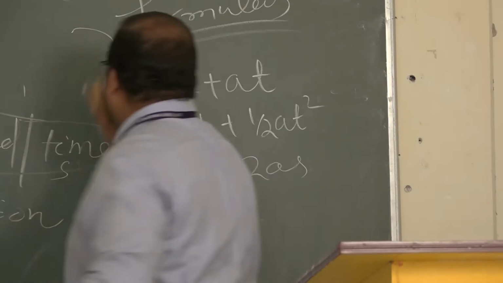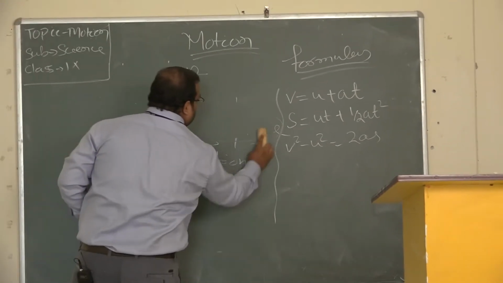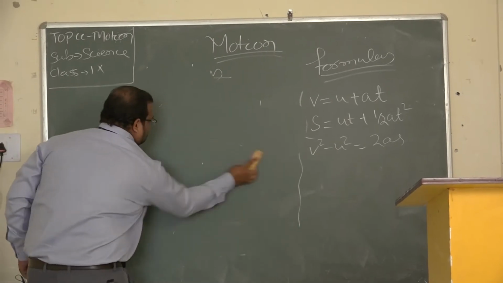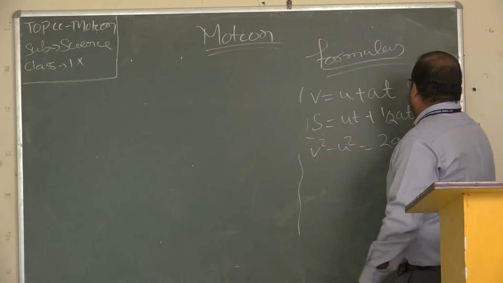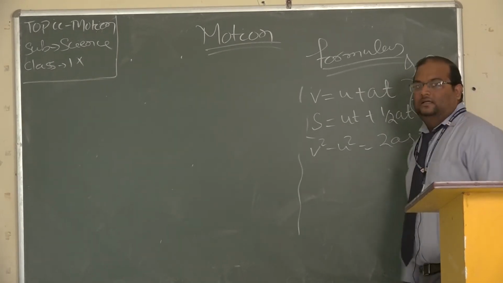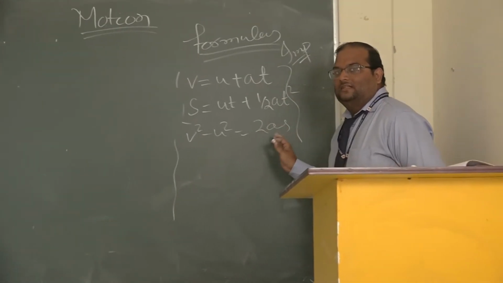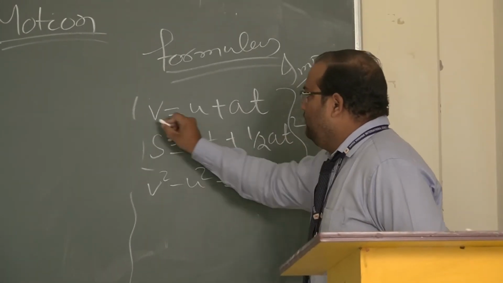Let me rub this one. Now these are the three very important formulas. It will help you in class 11, 12 also. Now, v = u + at.